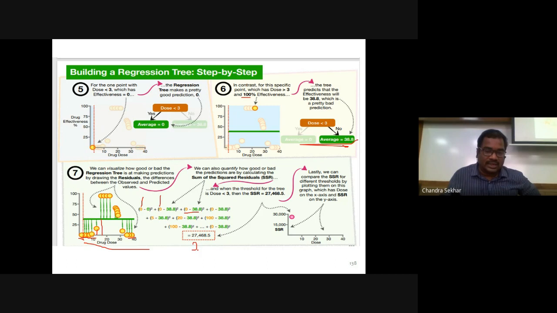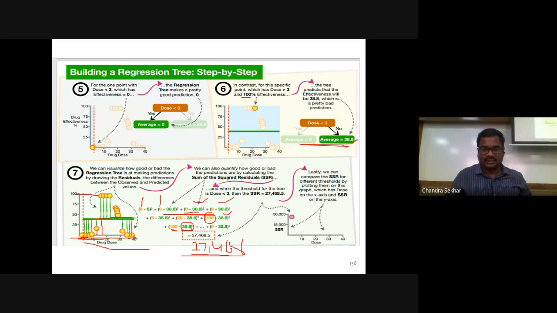The error is 27 thousand 468. This is the difference between the original drug effectiveness and the predicted, because on average we are saying 38 for all the points from the third point onward. But a few of the points have 100 effectiveness, and you are telling that it is 38.8 as the average. For these 2 points it's fine, but for these points, making the average 38.8 is erroneous. It is this much error.